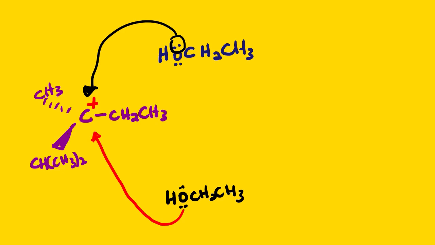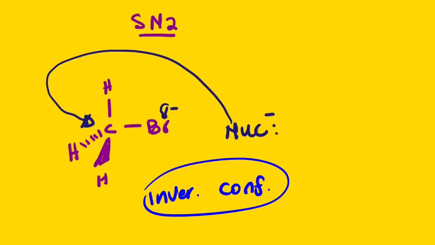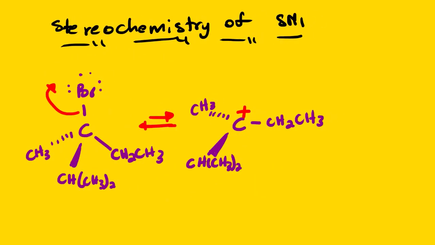now I want us to relate this to the SN2 stereochemistry. We know very well that our substrate had our leaving group at the top. So according to the SN2 reaction, we know that the nucleophile will prefer to attack from the bottom so that it can yield an inversion configuration.